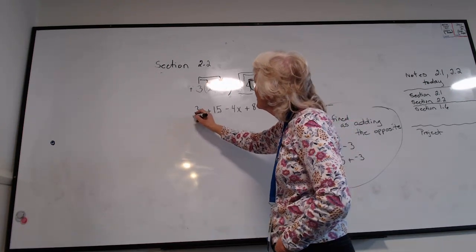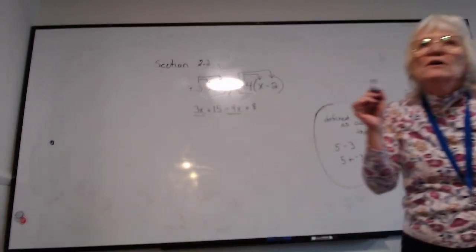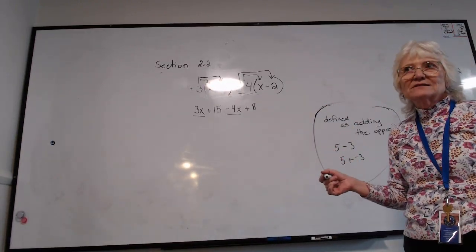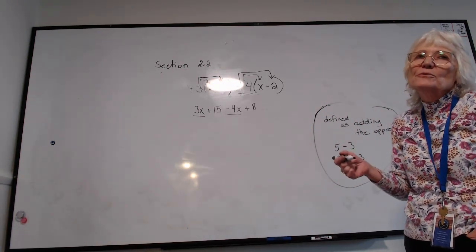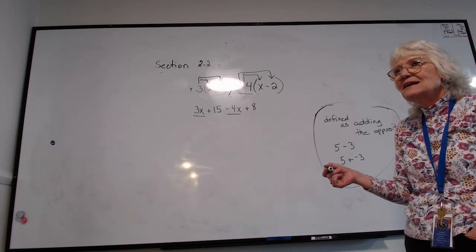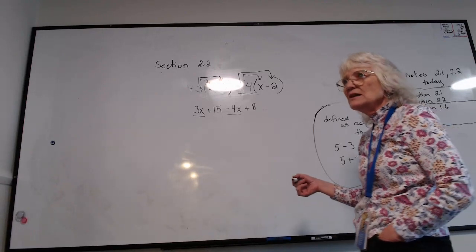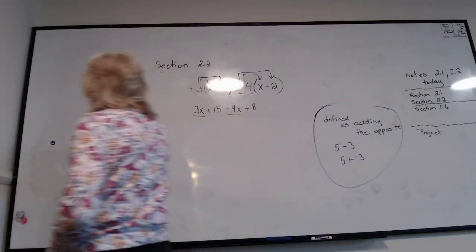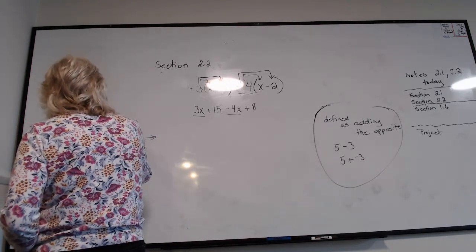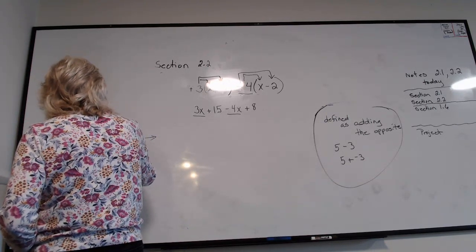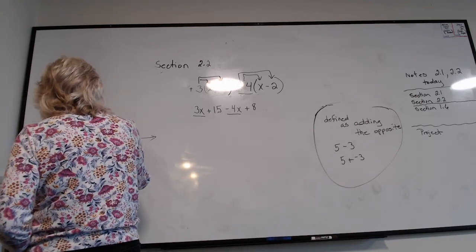So this is 3x minus 4x, or 3x plus a negative 4x. What is 3x minus 4x? Yes, Grayson. Negative x. Now, if you're not familiar with working with this, I'm going to show you because it helps. Here's 0, 1, 2, 3. Here's 1, so this is negative 1.